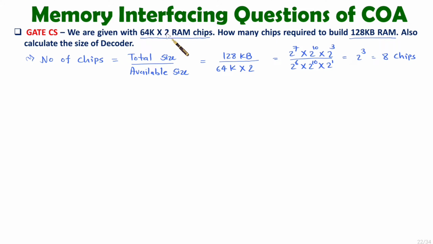Let me explain this by drawing first. After that I'll explain how we can use the formula. So here we have the available chip, that is 64K cross 2. Let me draw that first.